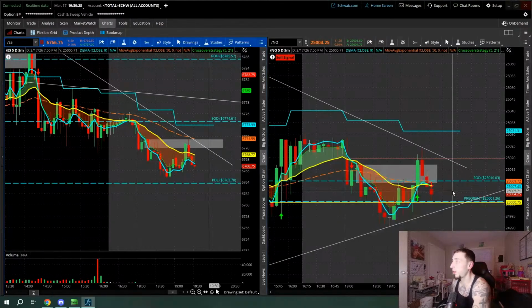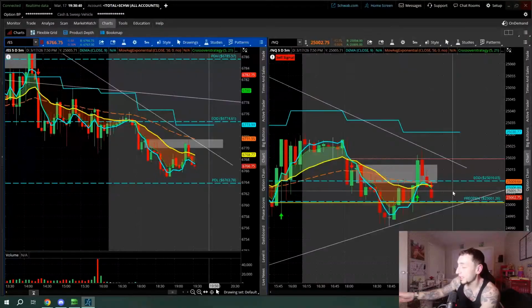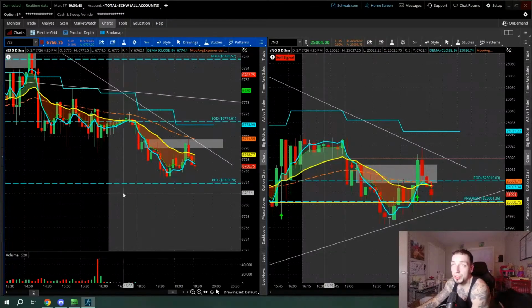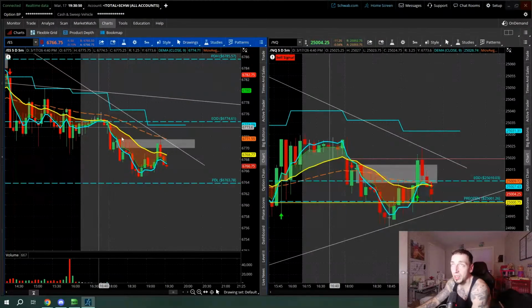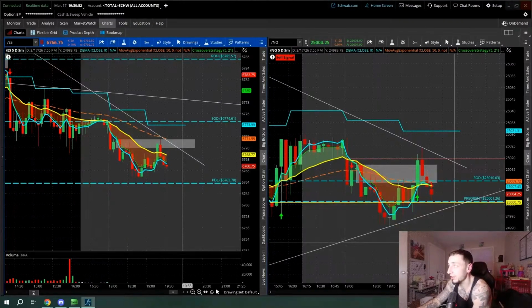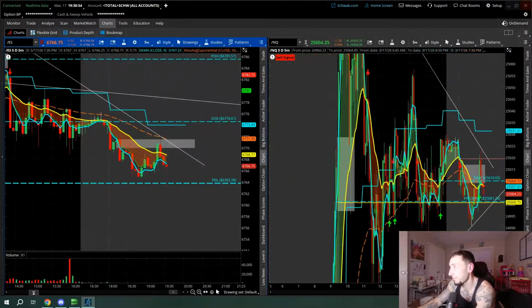Having a $1,000 day or avoiding a $5,000 losing day. You can't really put a price on it. Being able to spot bad price action and stay away from it is key, because you could lose as much money as you want to. If the market ain't good, you're just going to keep getting chopped up.